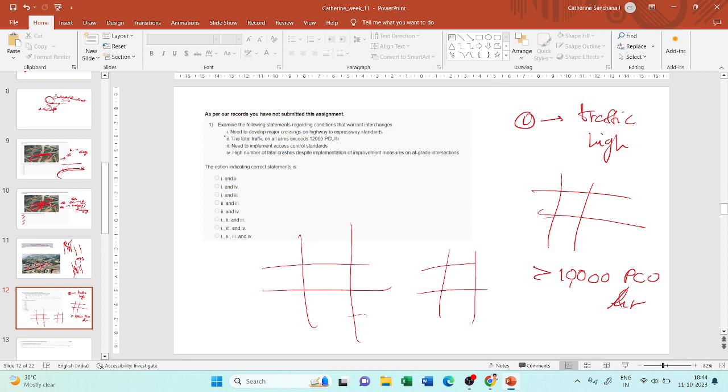Yes, we saw it is true. The total traffic on all arms exceeds 12,000 PCU per hour. No, we saw that the value is 10,000 PCU per hour. So this is wrong. Need to implement access control standards? Yes. And high number of fatal crashes despite implementation of improvement measures on at-grade intersection. This also we saw. We saw about crashes, right? So the answer to this is 1, 2 and 4.